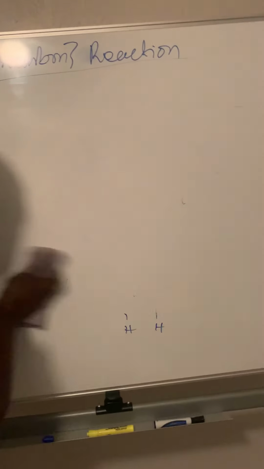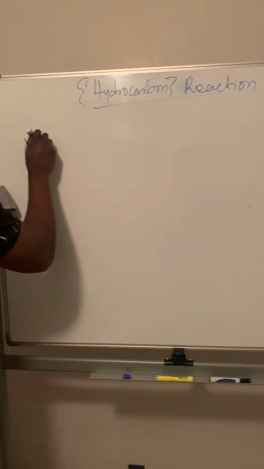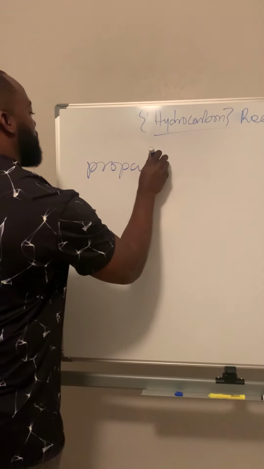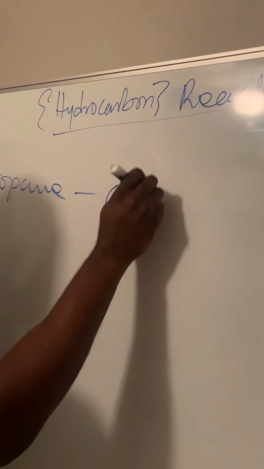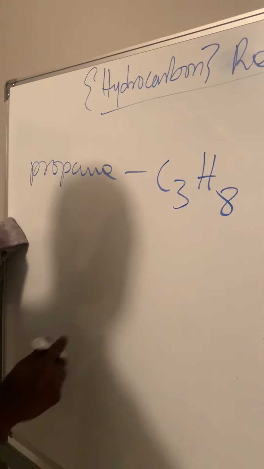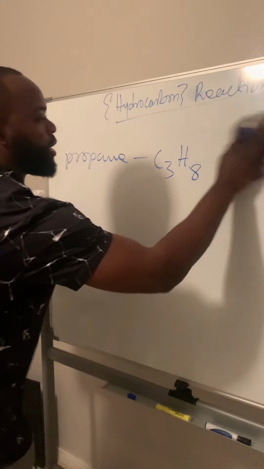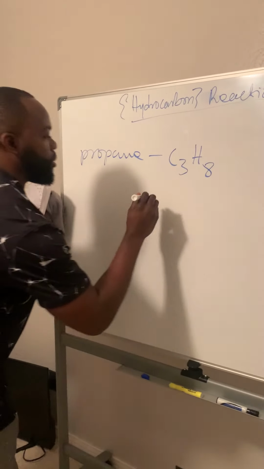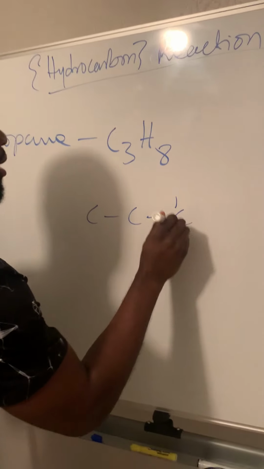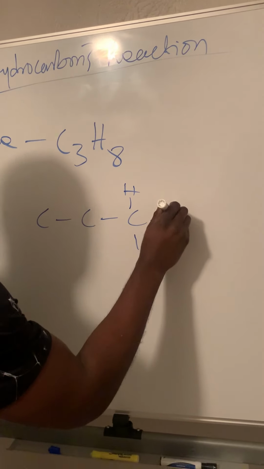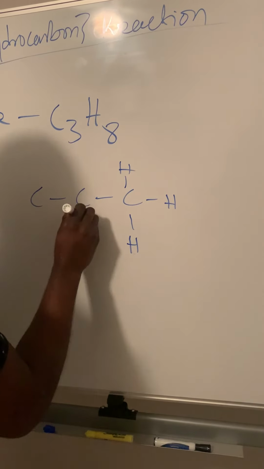So I'm going to talk about the third one, which is propane. Propane is basically C3H8, and the way to write it will be 3 C's with H on the side.